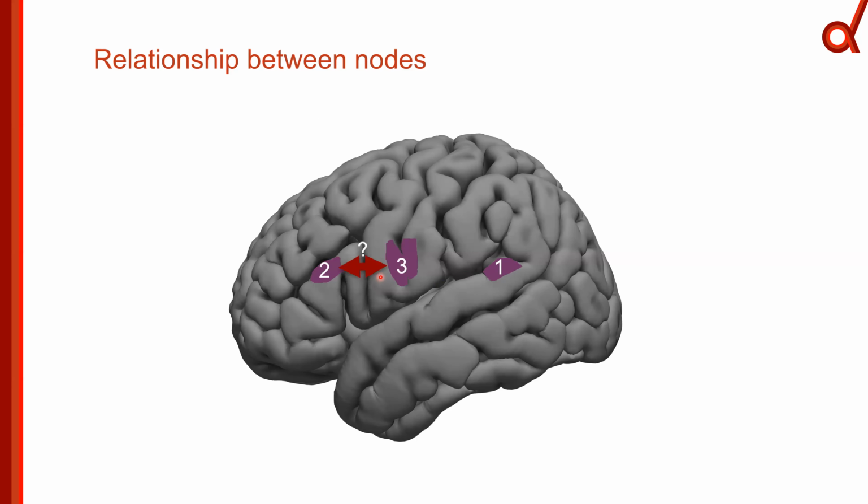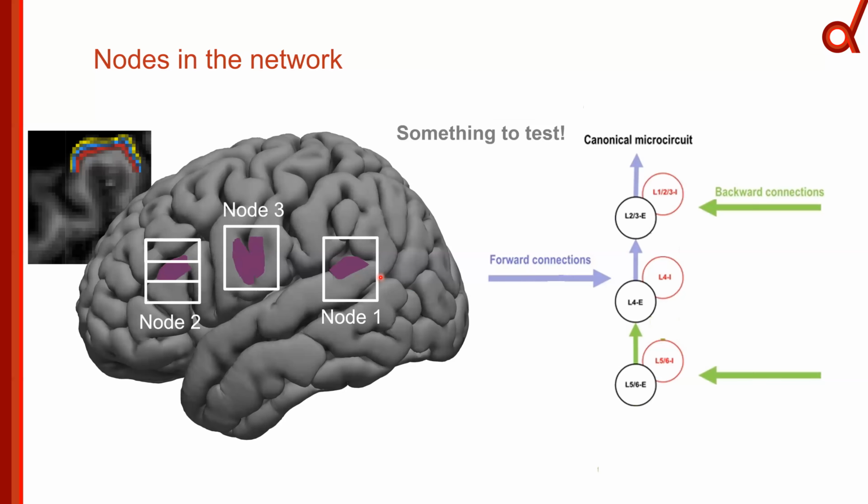So we also wanted to look at the interaction between these 2 regions. And essentially what we are expecting is a feed-forward relationship between node 1 and node 2, and a kind of feedback relationship between node 3 and node 2.